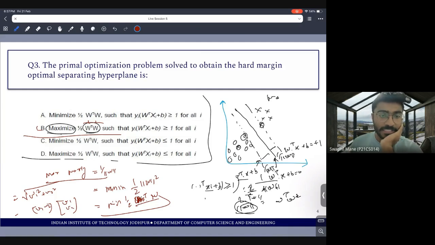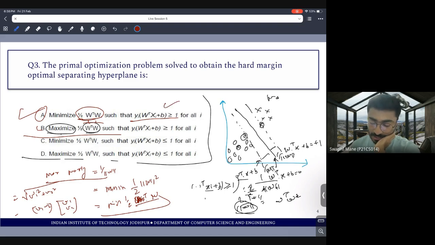So it is clearly mentioned in the first option, which states to minimize 1 divided by 2 W transpose into W such that we classify all the training points correctly. This is for the hard margin.